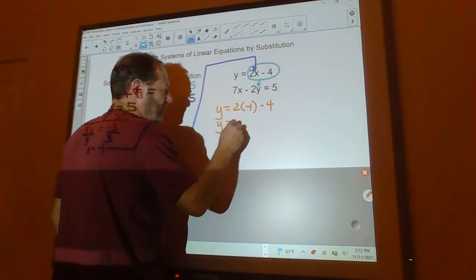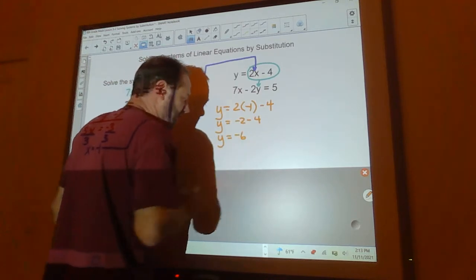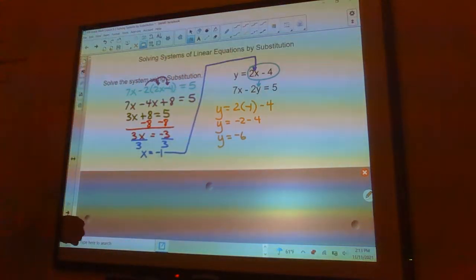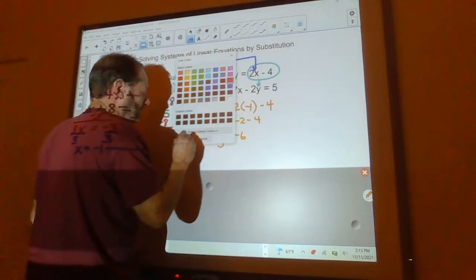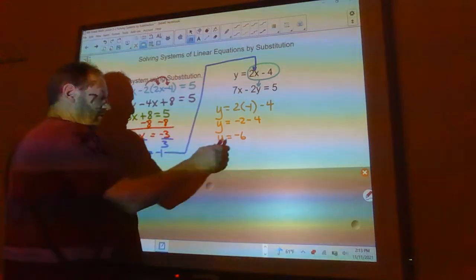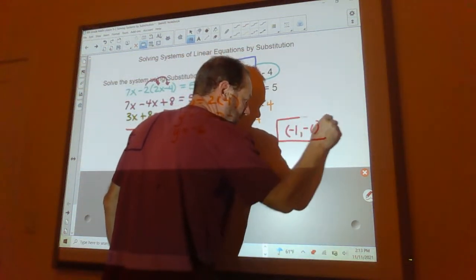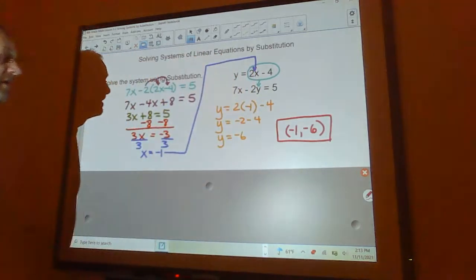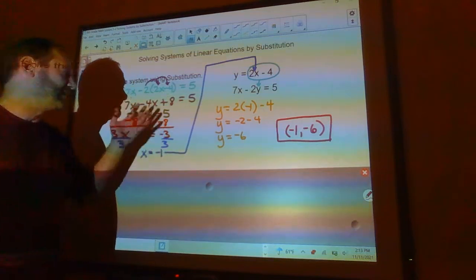And so y is going to be negative 2 minus 4, and y is going to be negative 6. And I now have the solution. The solution to this thing is going to be negative 1, negative 6. And I'm done.